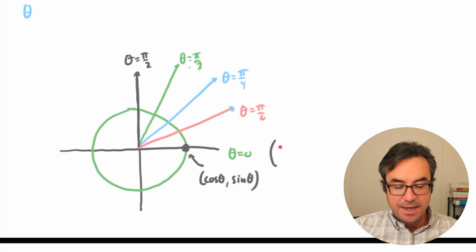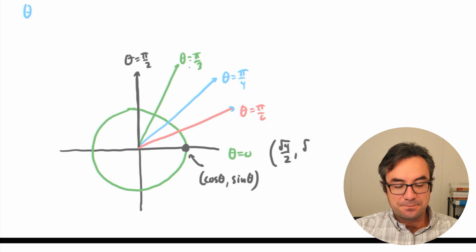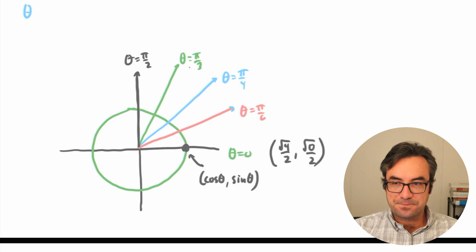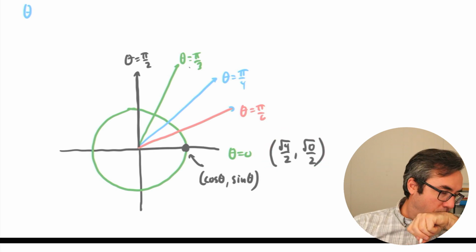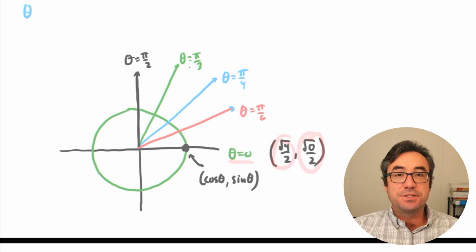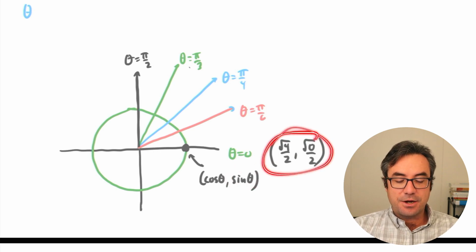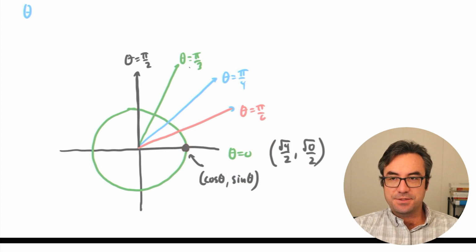We can write this as square root 4 over 2, comma, square root 0 over 2. So this is just 1, and that's the cosine value. So cosine of 0 is 1. This is just 0. Sine of 0 is 0. We're not going to use it to help us remember this point, but we are going to use it to help us remember the values at these other points.